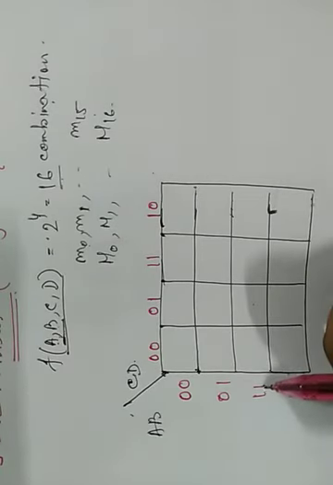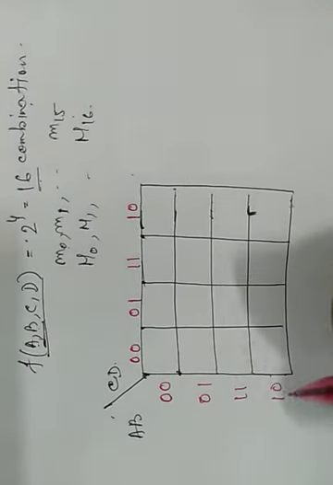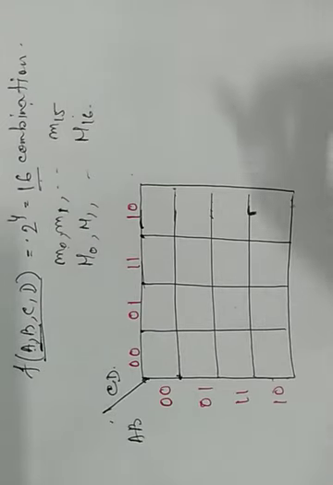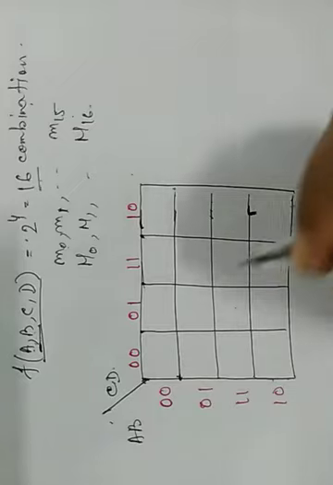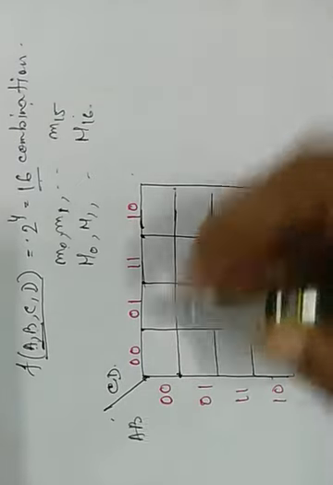As we know, only 1 bit changes, so obviously 1 0 must be in the 4th place and 1 1 must be in the 3rd place.